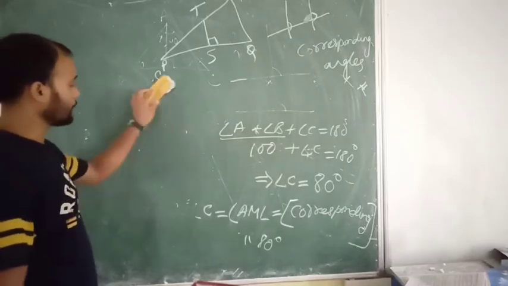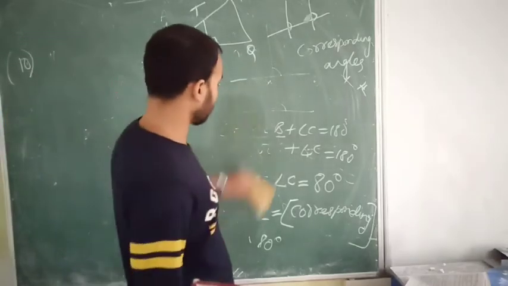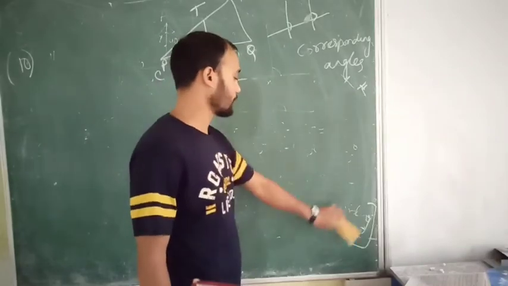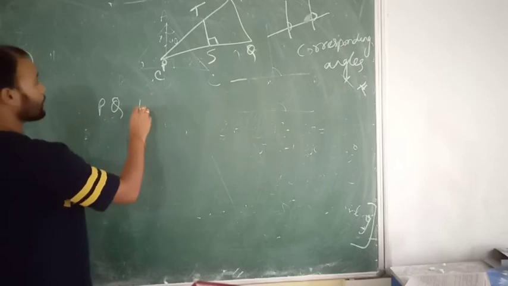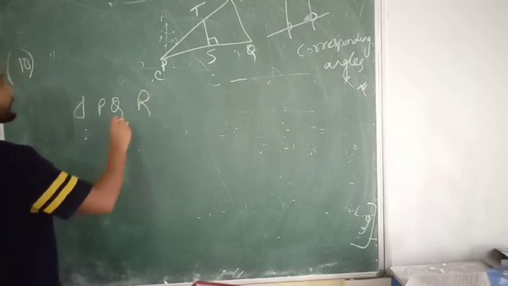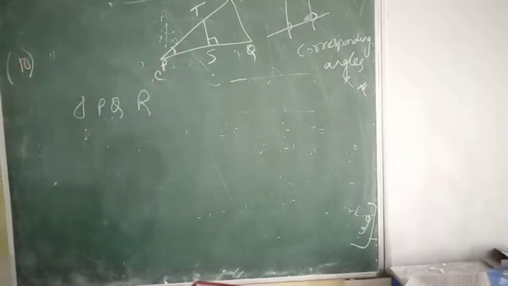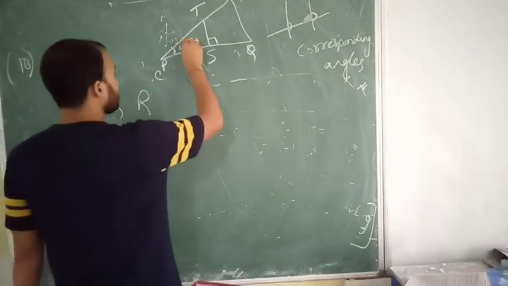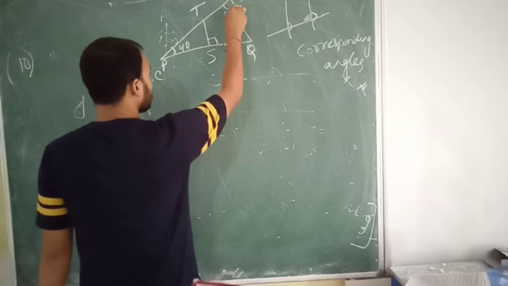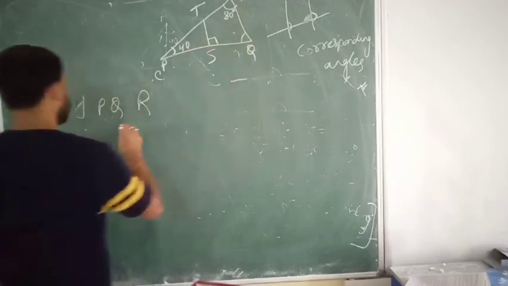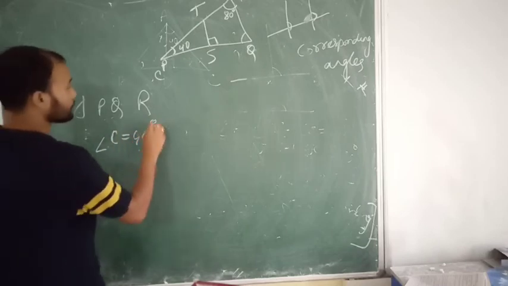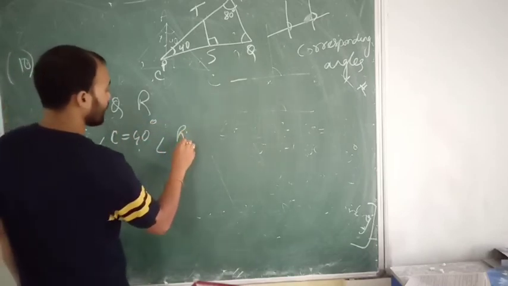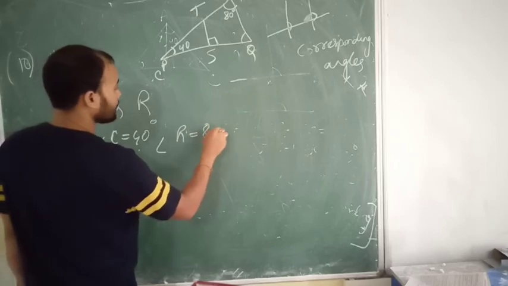First of all, you do one thing. Try to find all the angles of this triangle. This is triangle PQR. P is given, P is 40, R is 80 degrees. Angle P is 40 degrees. Angle R is 80 degrees.